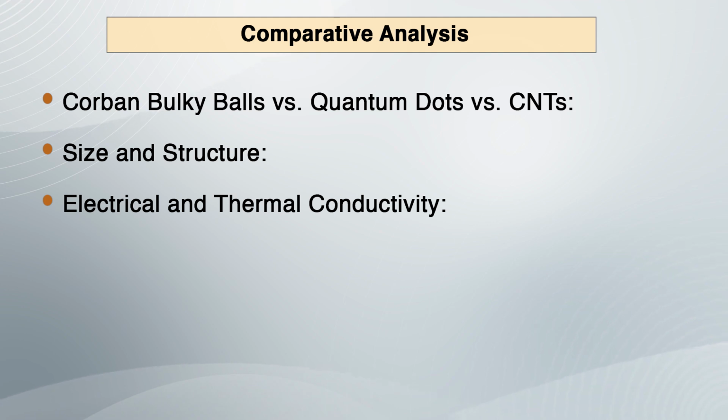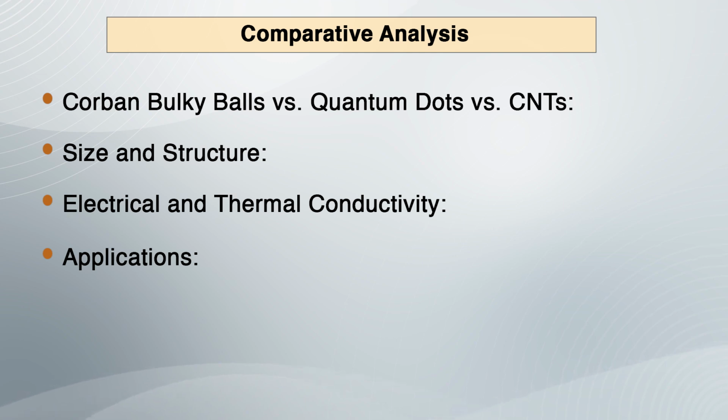Carbon buckyballs do not exhibit the same level of electrical and thermal conductivity as CNTs, but are effective in applications requiring high surface area and stability, such as environmental sensors and catalysis applications. In terms of applications, the carbon buckyballs are useful in environmental applications due to their high surface area and stability, making them suitable for use in sensors and catalysis.